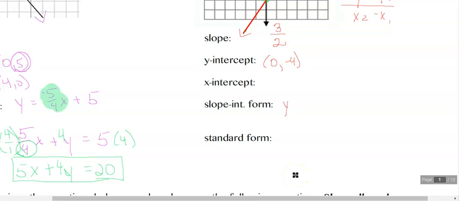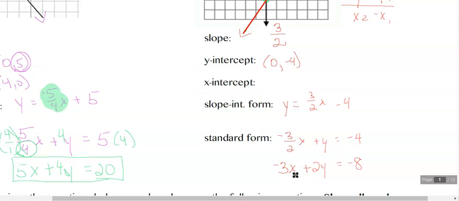Y equals 3/2 x minus 4. And we'll go ahead and do standard form too. Move the 3/2 x over. That's -3/2 x plus y equals -4. And then let's multiply everything times 2. That'll be -3x plus 2y equals -8.